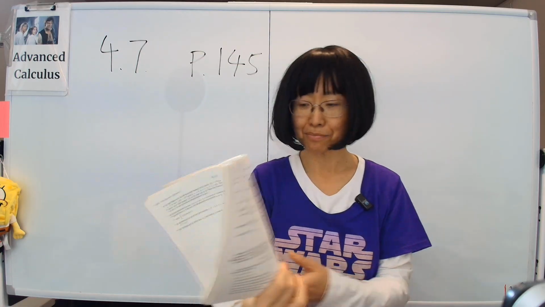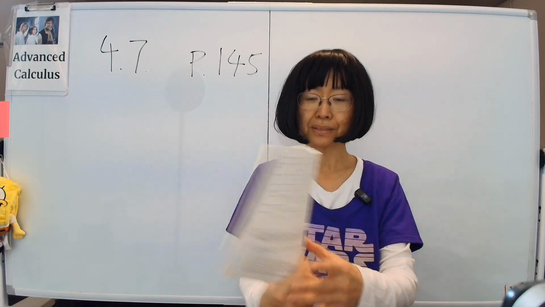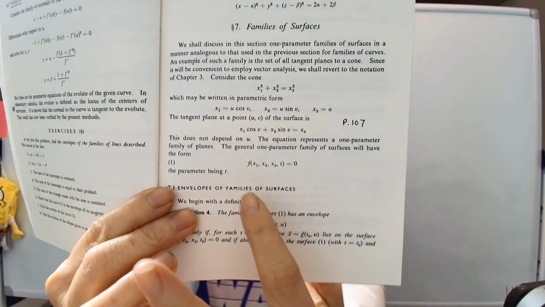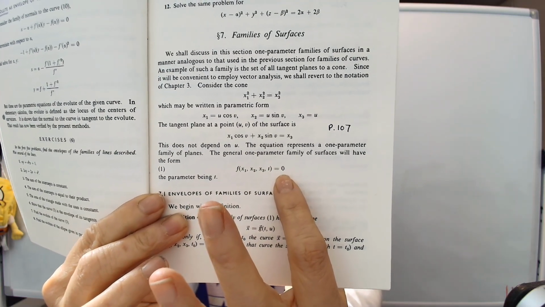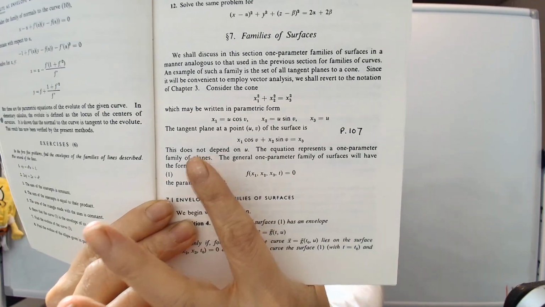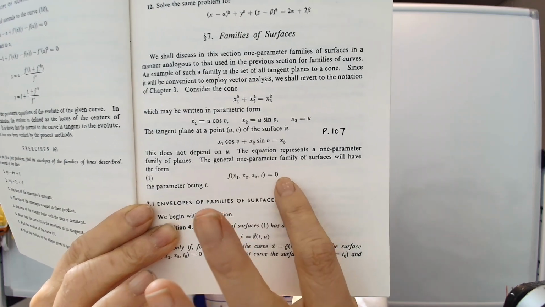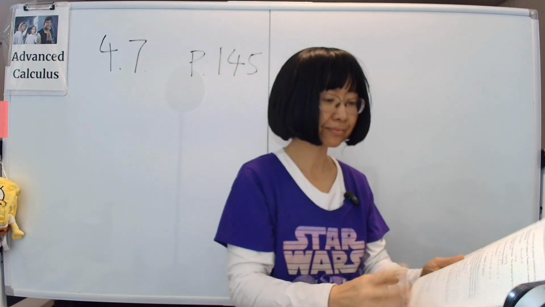So u is not important in this case. This particular equation is an example of this family of surfaces. In this case, v will stand for t, and then x1, x2, and x3 will be in here, and the whole thing equals 0, and that would be our family of surfaces.